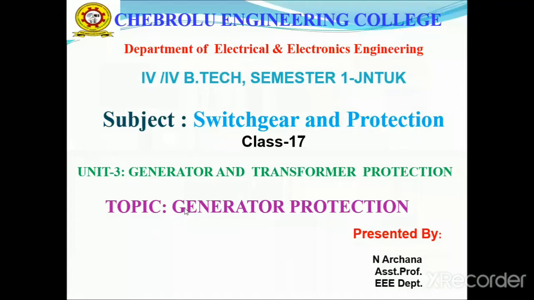While giving protection to the generator, we give protection for the transformers, bus bars, voltage regulating equipments, and some of the cooling systems. While giving protection for the generators, the following points are to be considered for the protection of these equipments.